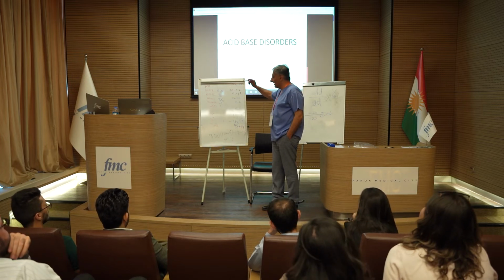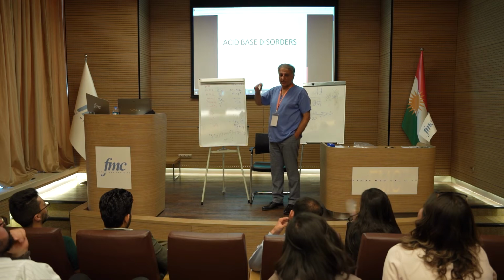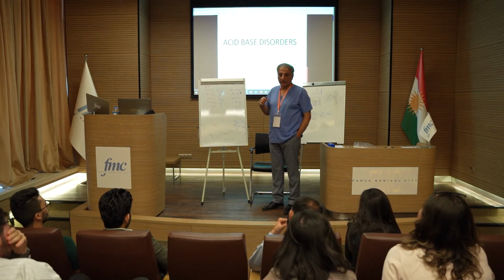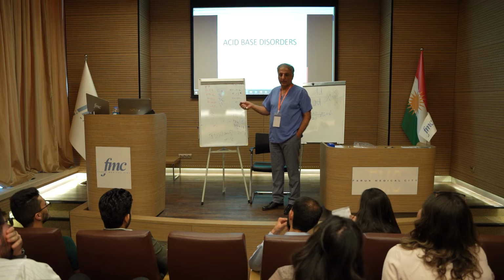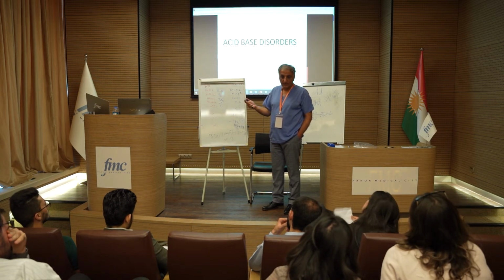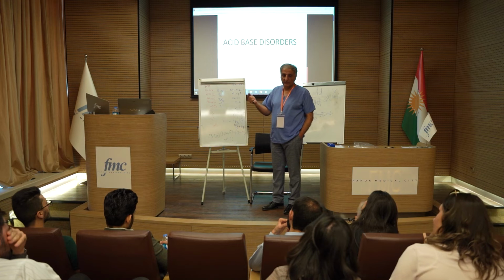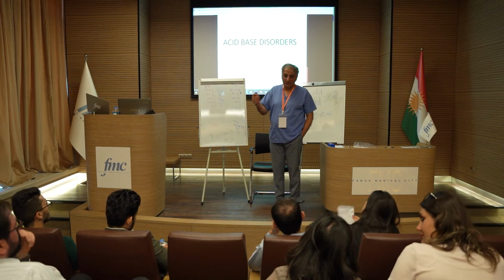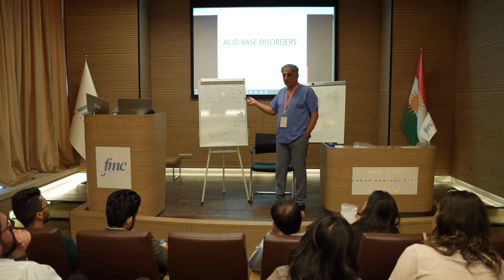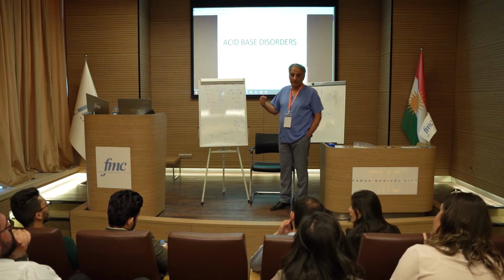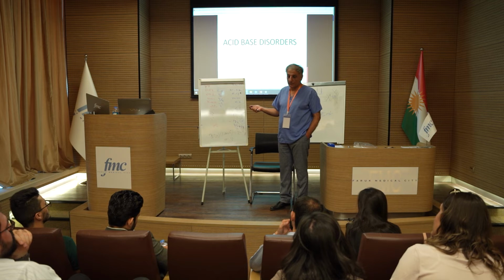So if I tell you this patient, 70 years of age, a lady, heavy smoker, been unwell with a dry cough for a week, and then came to hospital. She's confused. Blood pressure is about 100 over 60, and heart rate is 120. So respiratory failure caused by chest infection, pneumonia.